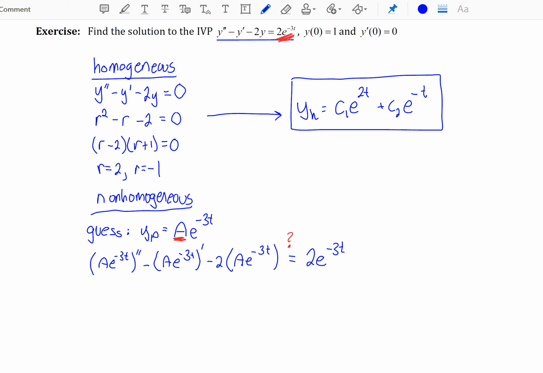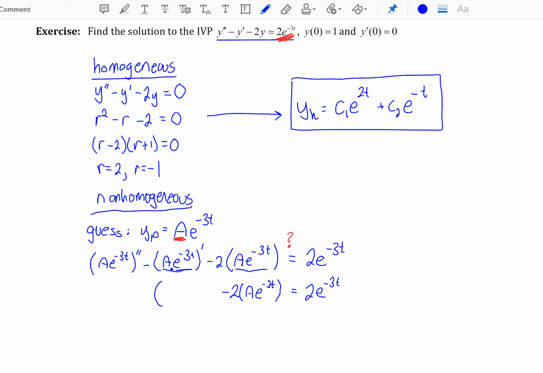So to evaluate this, I'm always going to work on this from right to left. And I do this because of the way I take derivatives. So the first term here is no derivative. That stays the same. So I'll just write this as negative 2 times a e to the negative 3t. Move to your middle term. We'll take a first derivative.